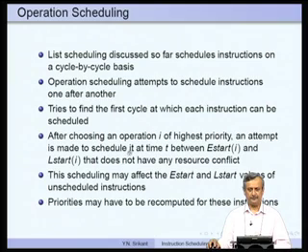Obviously, we need to make sure that precedence and resource constraints are satisfied for that particular instruction in that cycle. After choosing an operation I of highest priority, we make an attempt to schedule that instruction in the slack period, that is between E start and L start, and make sure that there are no resource conflicts when we schedule that particular instruction in this slack period.